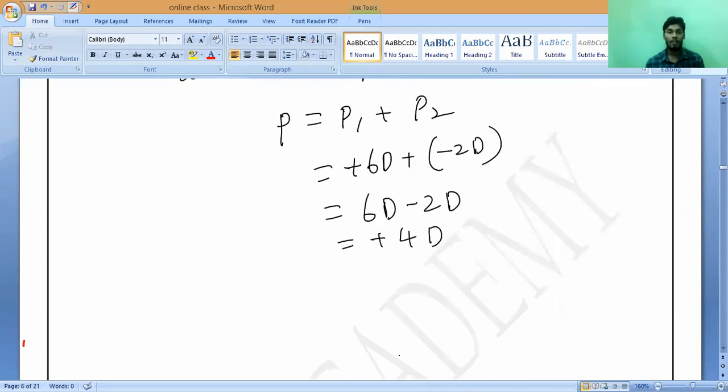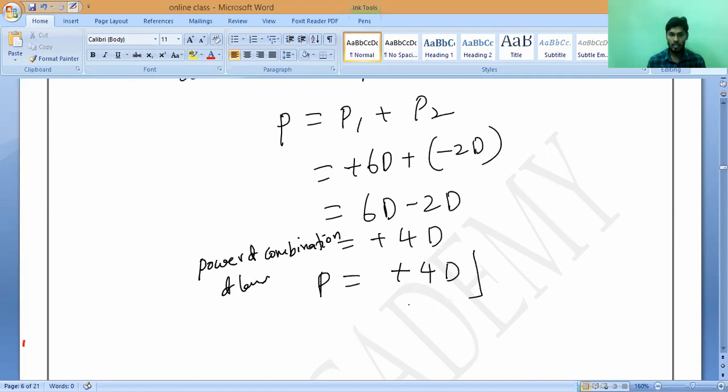This is the power of the combination: P equals plus 4D. Do you understand, all of you? Yes, sir. This is called the power of a combination of lenses.